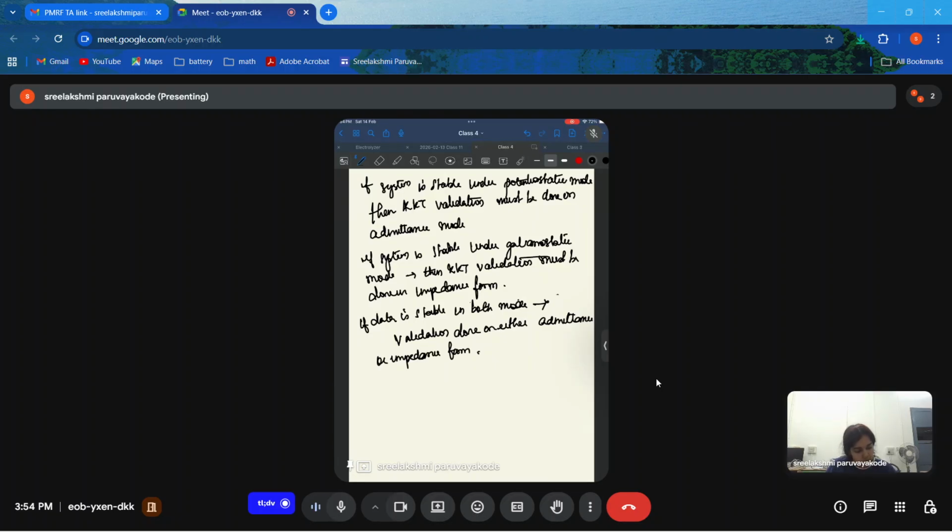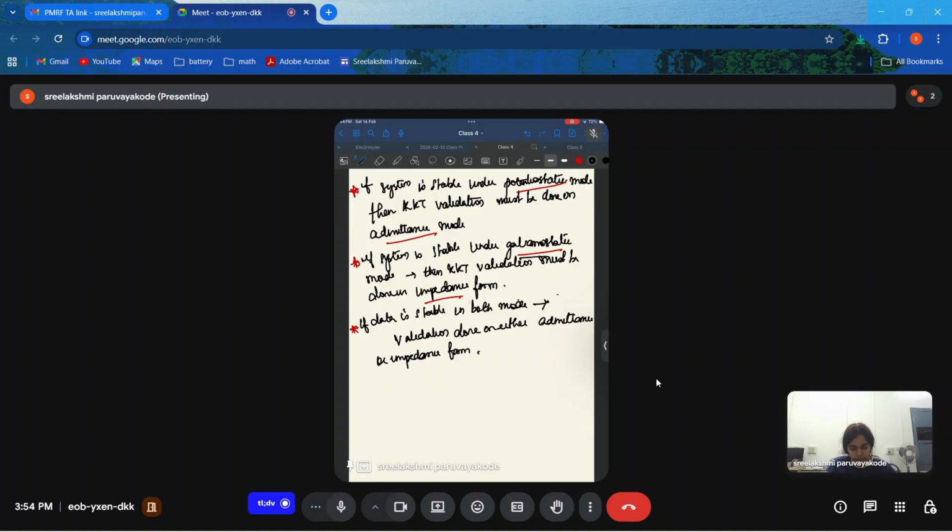So these are the key points from this. That is, if it is potentiostatic, you have to do it in admittance form. When it's galvanostatic, you have to do it in impedance form. If it is stable for both, we can use either of the methods. So this is one case.